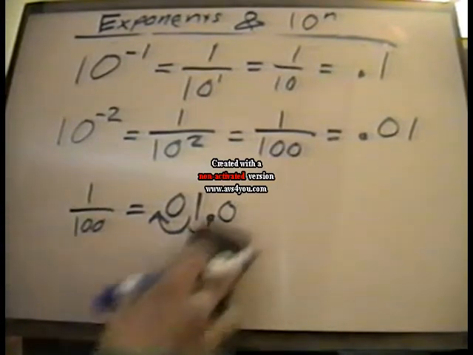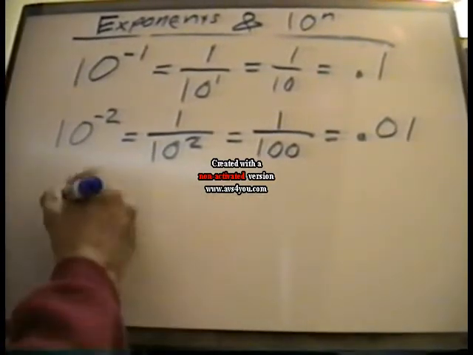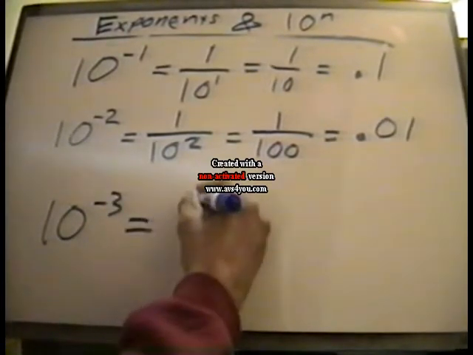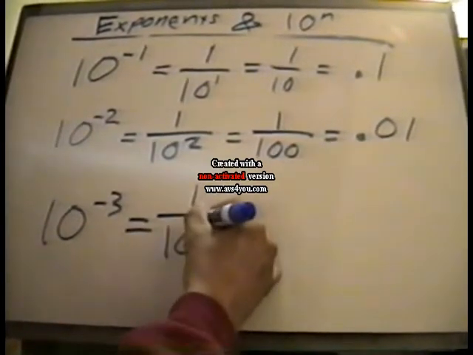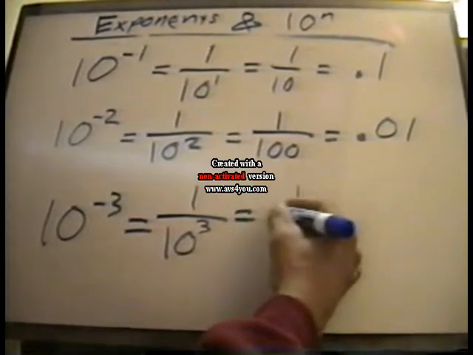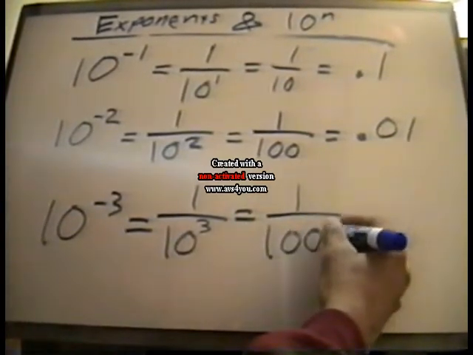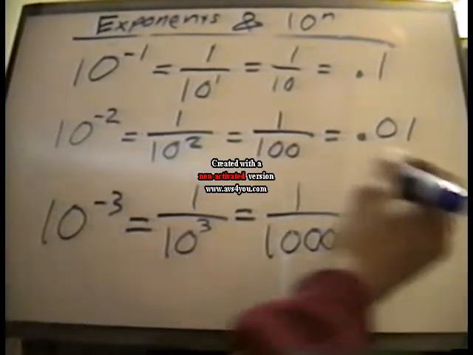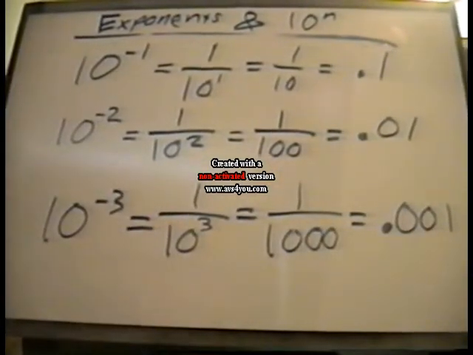Ten to the power of negative 3 equals 1 over 10 to the power of 3, which equals 1 over 1,000, equals 0.001. And the pattern continues just like this.